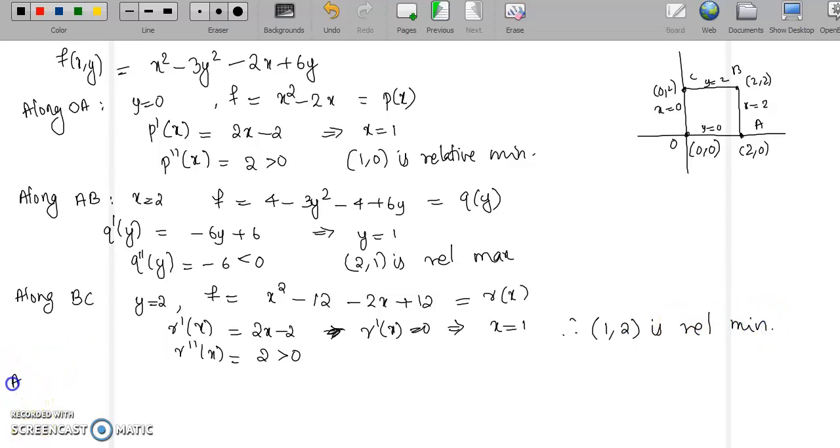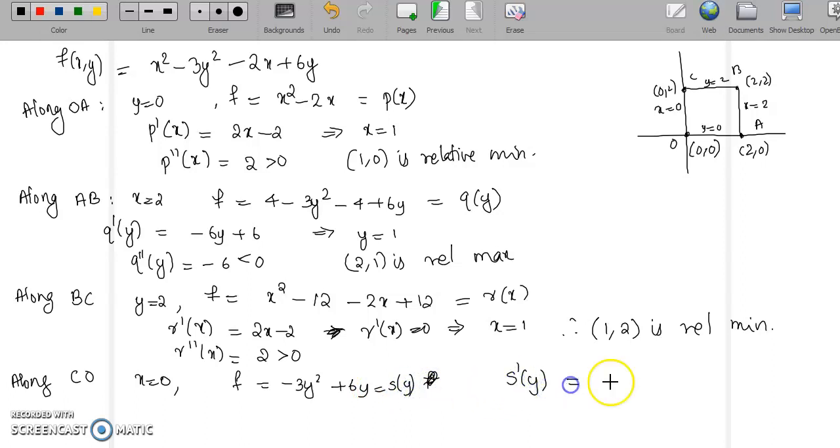Similarly, when we take along CO, you will have x equal to 0. So f will be minus 3y square plus 6y. Call it s of y. s dash of y will be minus 6y plus 6.